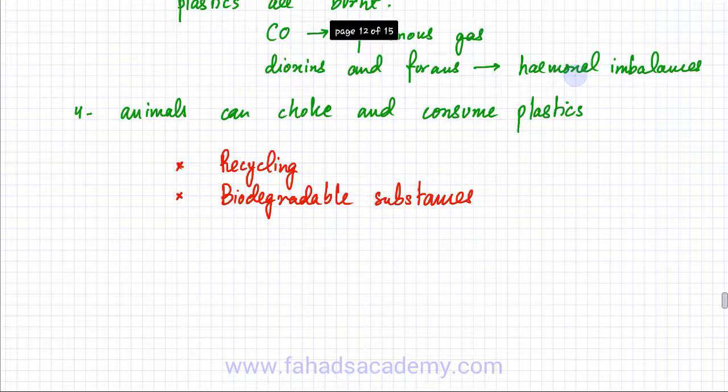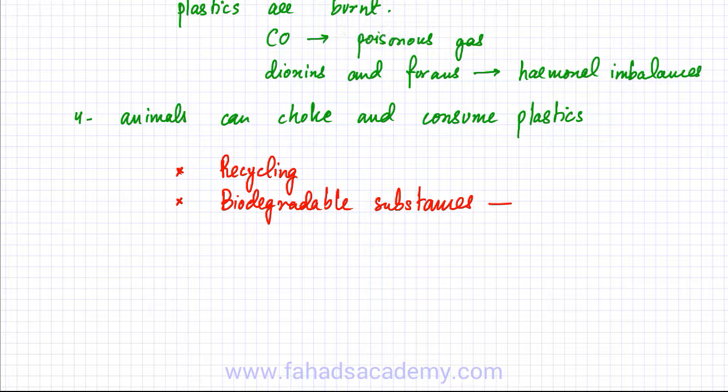Some of the biodegradable substances being used: instead of plastic bottles, a lot of companies have started using glass bottles. Similarly, instead of polythene bags, a lot of companies have started using paper bags for holding things. And there are a lot of personal choices made by different people as well that has led to a decrease in the use of plastics. And there's now a campaign for an overall decrease in the amount of plastics that are being produced around the globe right now.